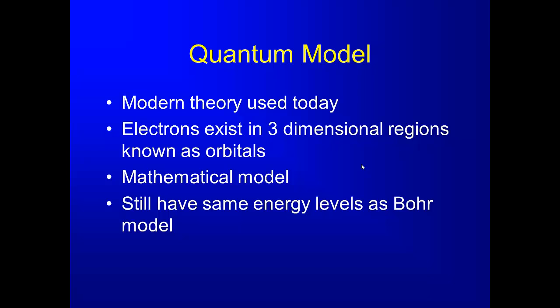The quantum model is pretty much what is being used today. They've said the electrons exist in more of a 3-dimensional region known as an orbital, instead of being on a single track like a train track, or an orbit that is really more 3-dimensional.